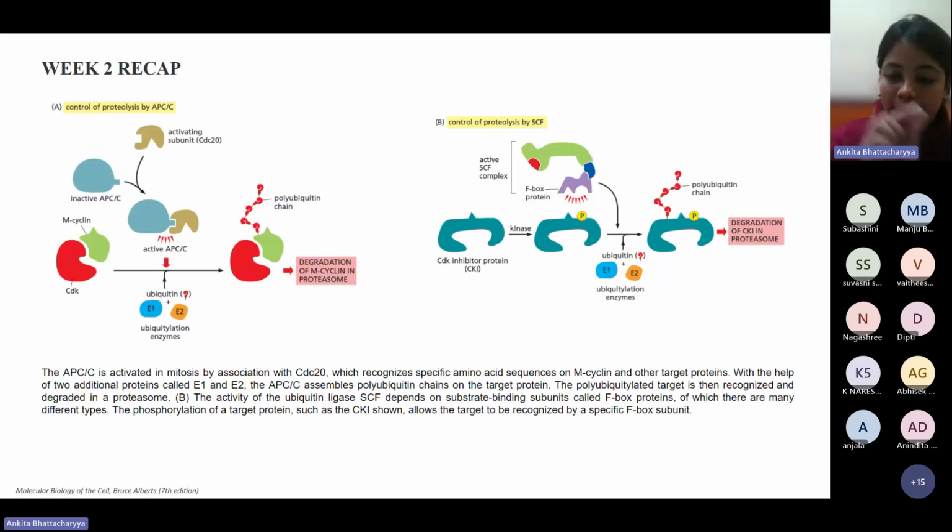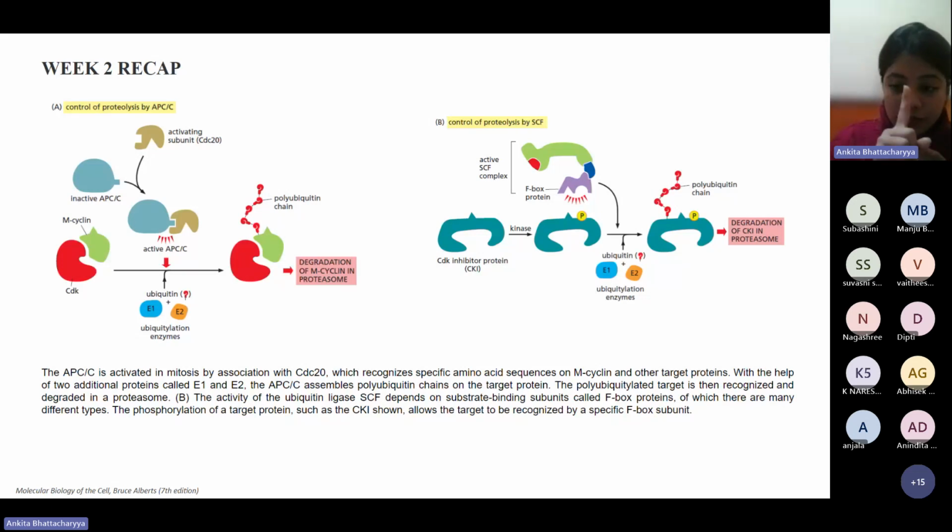So ubiquitin is added to certain proteins. If a protein needs to be removed from the cell, needs to be degraded, what the cell does is it identifies that protein and tags it with something known as ubiquitin. When multiple such ubiquitins are added, it leads to the formation of a chain known as a polyubiquitin chain. Why is this so important? Ubiquitin by itself is also a modification that is found in a number of proteins inside the cell.